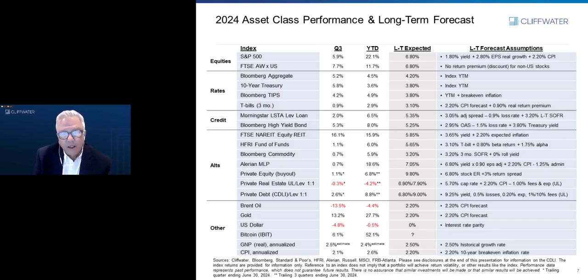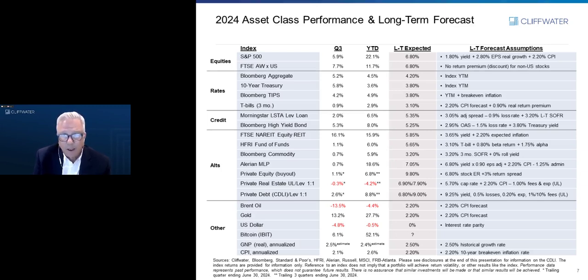Moving on to alts. Big quarter for REITs. I'll talk more about that later. Up 16%, reducing the expected returns significantly. Now we're forecasting a little under 6%. Hedge funds have been doing okay. 1.1% for the quarter, 6% for the year.